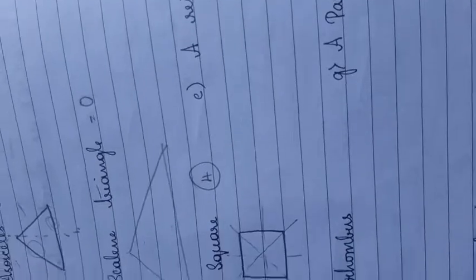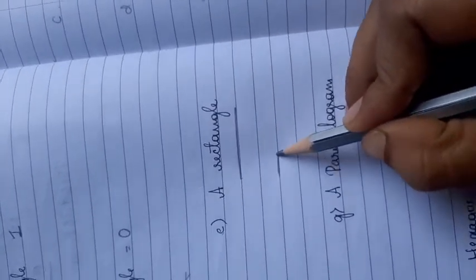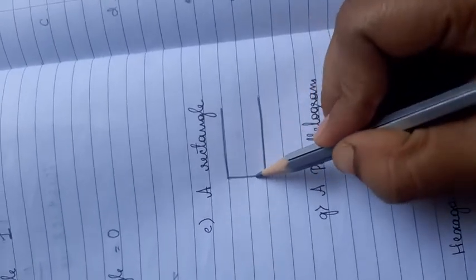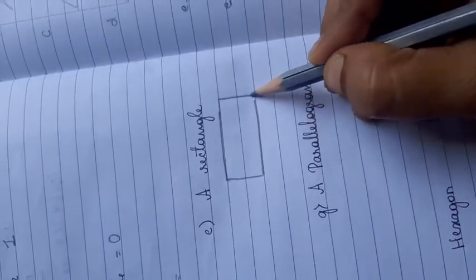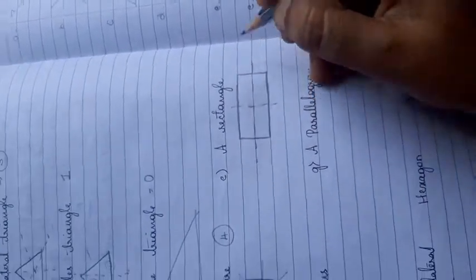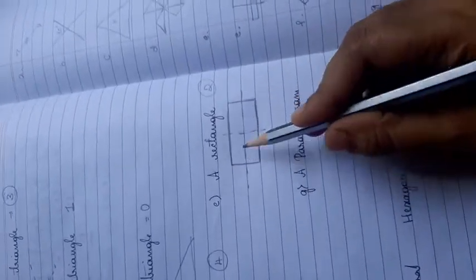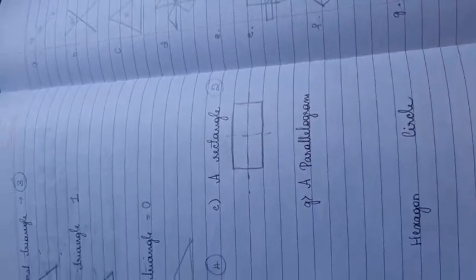Next one is rectangle. Rectangle means you all know opposite sides will be the same. So this will be having a line of symmetry. One is here, another one is here. So totally how many lines of symmetry? 2. I can't draw like this because all the sides are not equal. So only 2 lines of symmetry will be there.